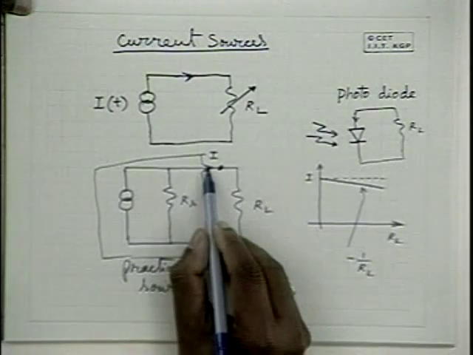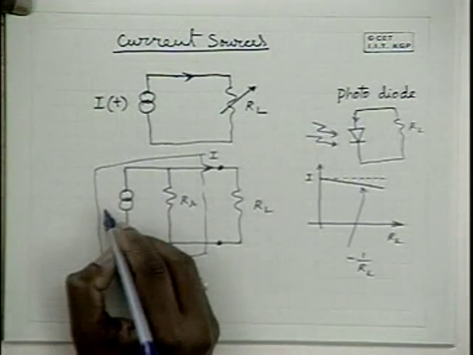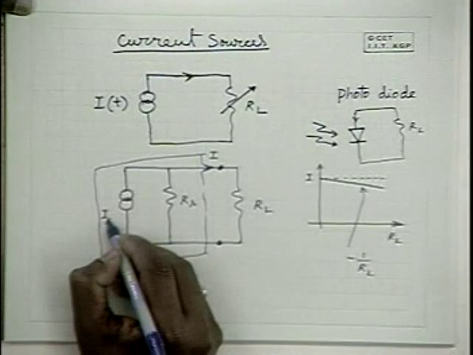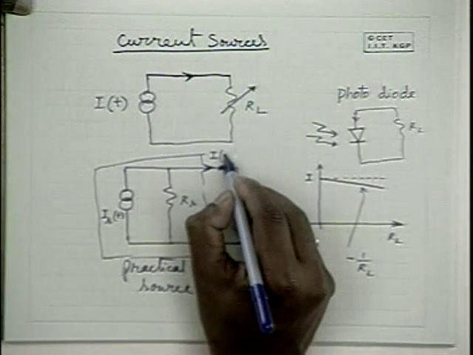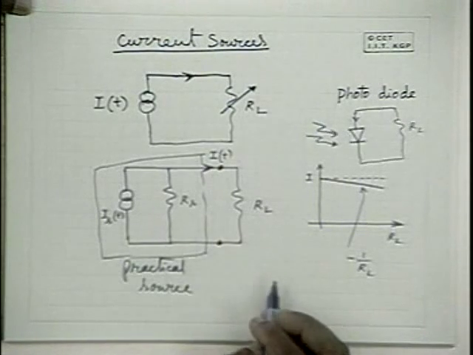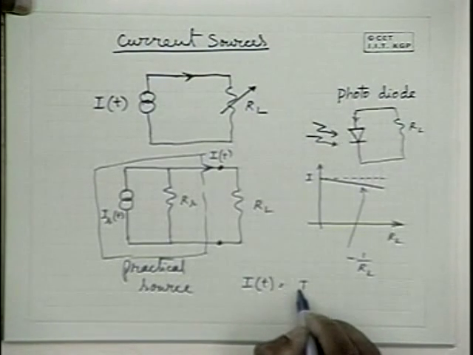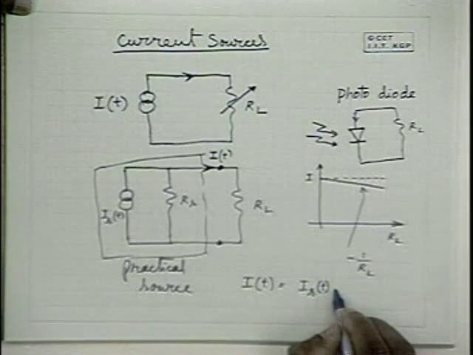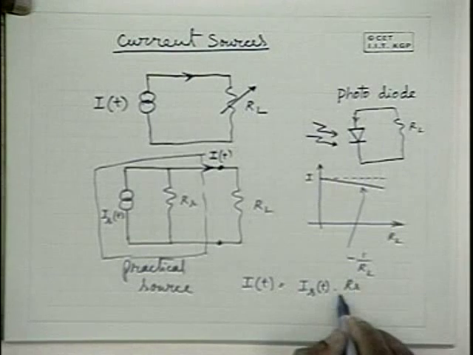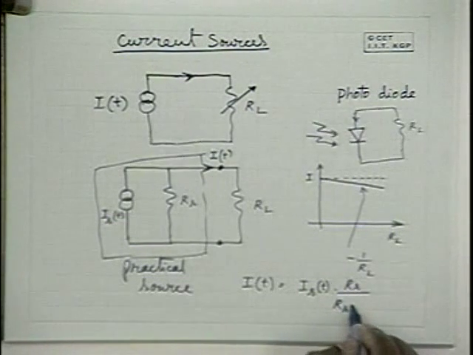And please note that the current drops only when you have a parallel resistance like this. If this is IST and this is IT, IT is equal to IST times RS by RS plus RL.